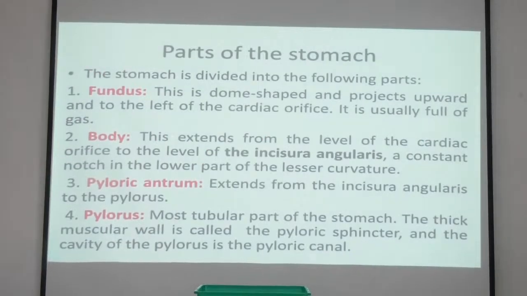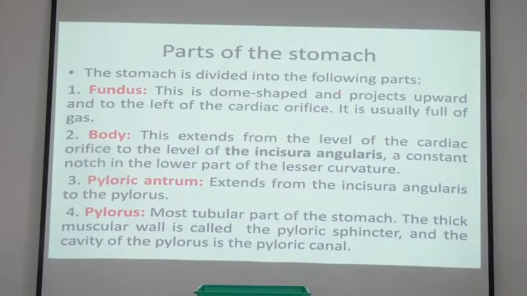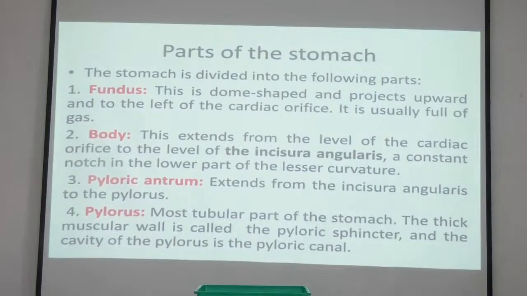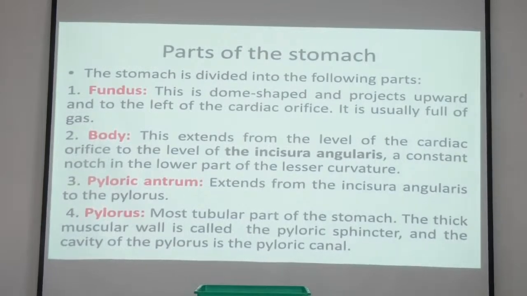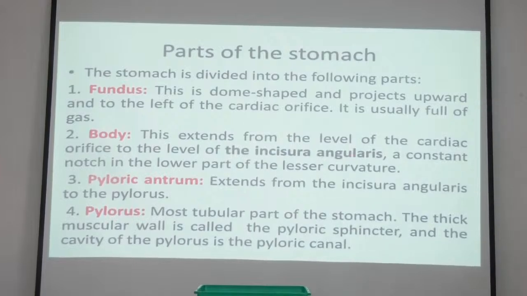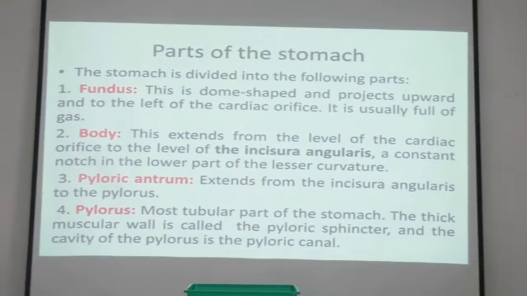So we will discuss individual parts. Fundus is dome shaped and projects upward and to the left of the cardiac orifice, usually full of gas. Body extends from the level of cardiac orifice to the level of the incisura angularis, a constant notch in the lower part of the lesser curvature.